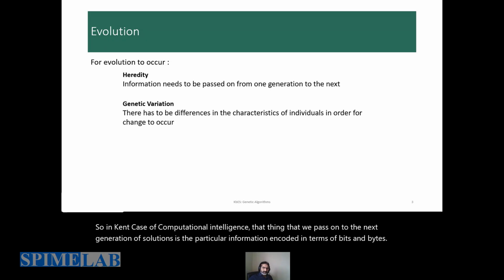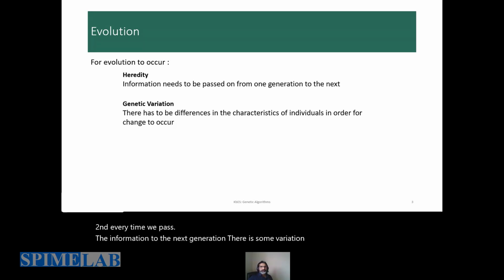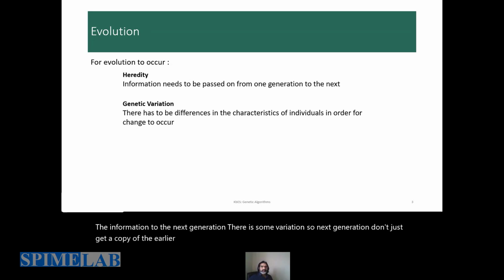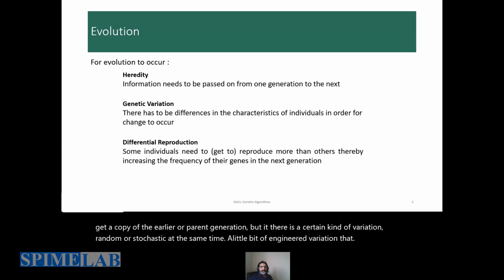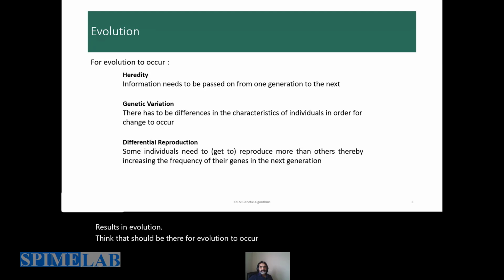Second, every time we pass information to the next generation, there is some variation. The next generation doesn't just get a copy of the parent generation, but there is a certain kind of variation, random or stochastic, and at the same time a little bit of engineered variation, that results in evolution.